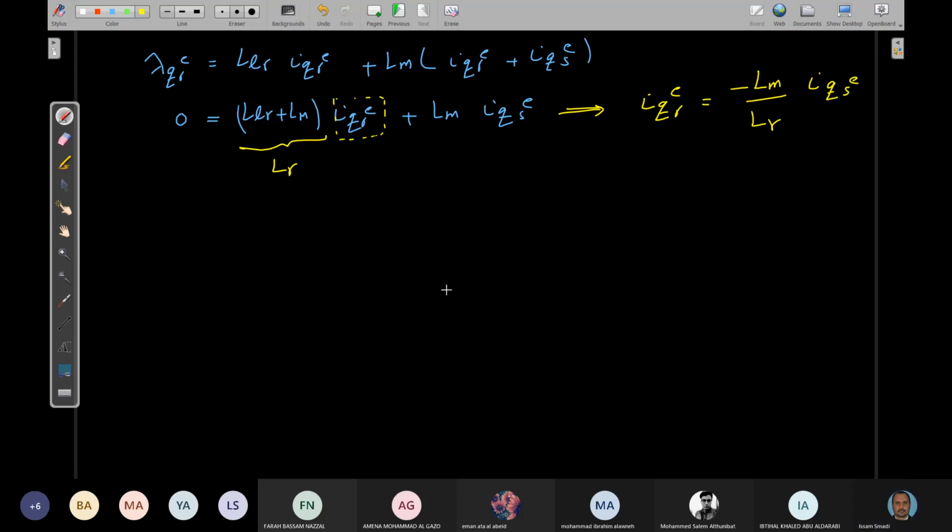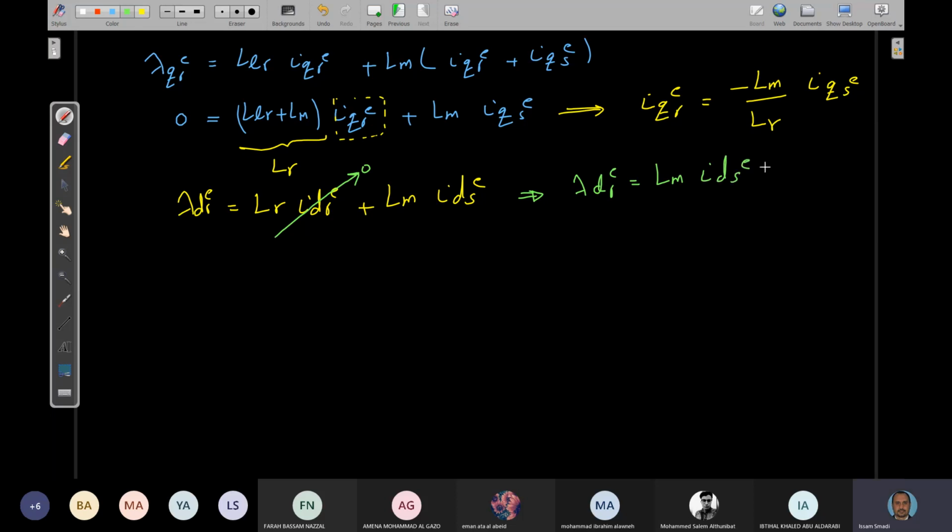Yeah. And instead of lambda DRE, in the same fashion, I can write it to be LR IDRE plus LM IDSE. Now remember, IDRE was equal to 0 from the first equation. So this will end up to be lambda DRE equal to LM IDSE.